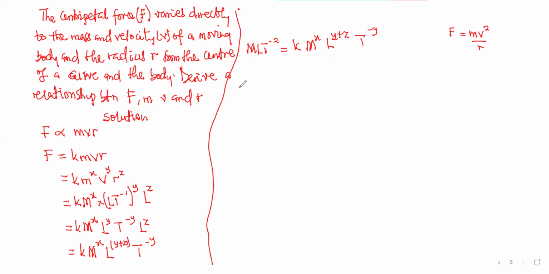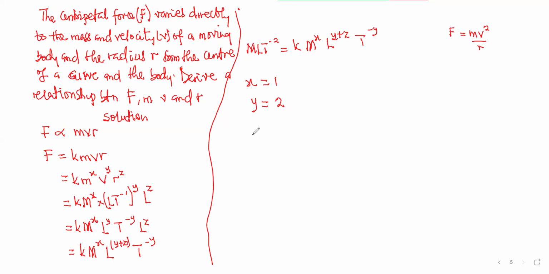So straight away, if we equate M, we could see that X is exponent 1, isn't it? Yes, sir. If we compare T, we'll also see that Y is equal to 2.